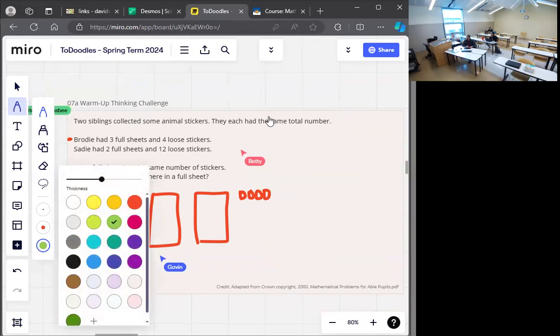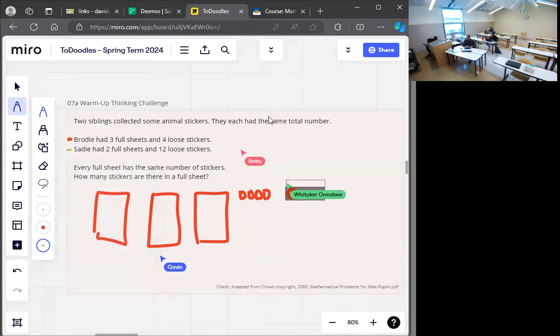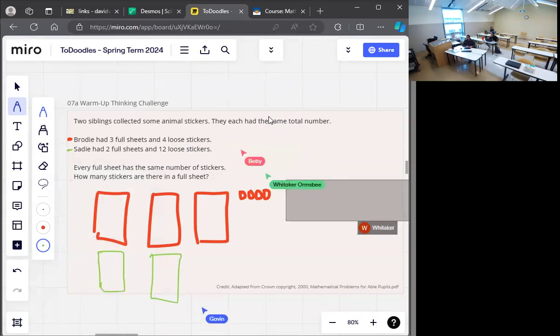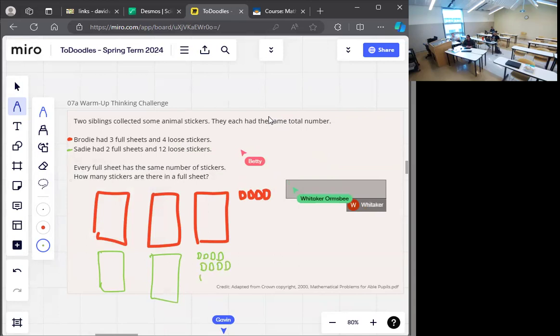And Sadie, who I'm guessing is the sister, has only 2 of these, but they're the same size, and she has 12 others. So that's groupings. Does that help you think about it to see it with the picture? It helps a lot. Okay, thanks.